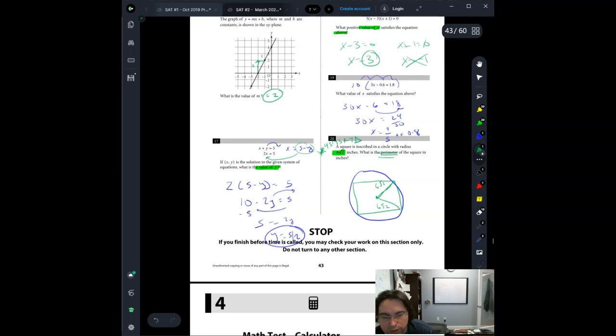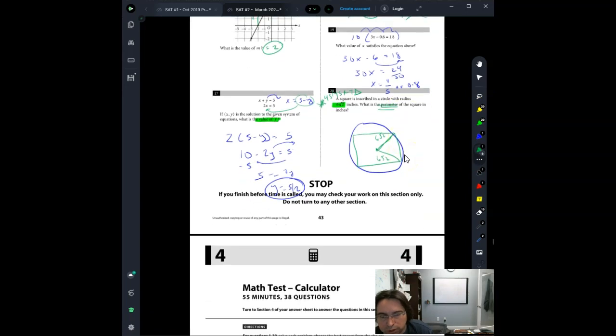And remember with our 45, let me give myself a little bit more room here to show you, and draw one of the proper orientation too. This is x, this is x, this is x square root of 2. So now we know that this here, because this is our right angle, is x square root of 2, and these are equivalent to x.